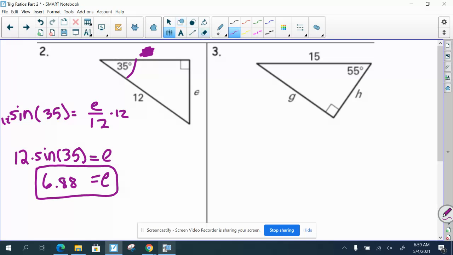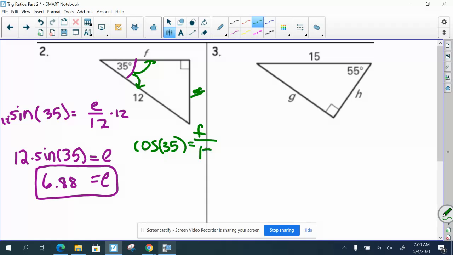Okay, so now let's take a different color and unscribble out f and scribble out e. So in this case, we have the adjacent side to 35 and the hypotenuse. So to find f, you could use the cosine. So the cosine of 35 equals f, adjacent side, over the hypotenuse.